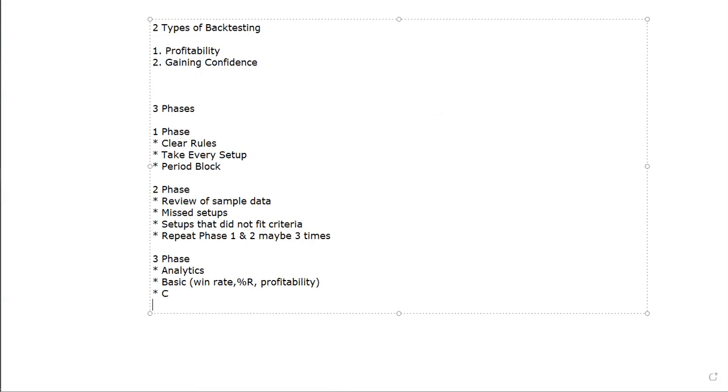Now, some of the things that you're going to be looking for is common reasons. Common reasons can be broken down into two parts. So I'm just going to write common reasons once, and I'm going to break it down into two parts, right? Common reasons for losses, and common reasons for wins.